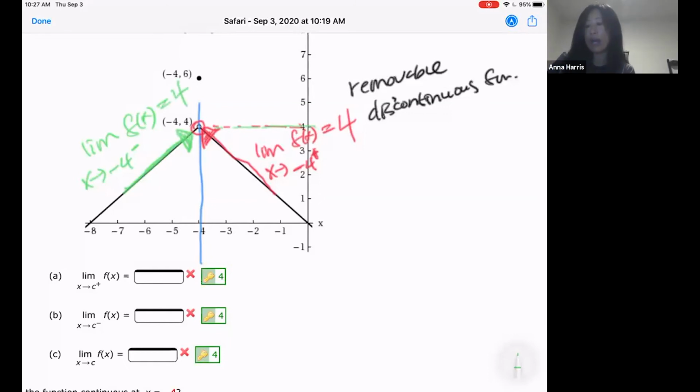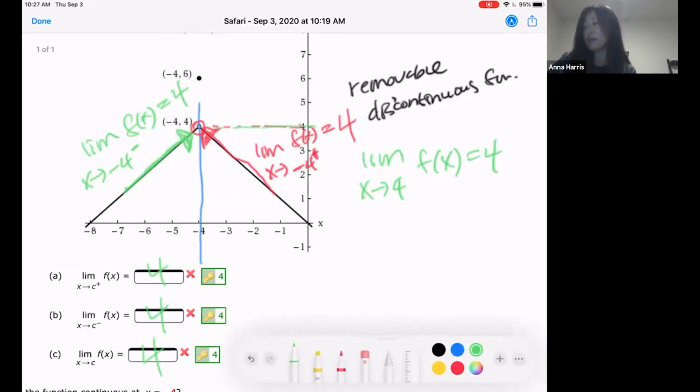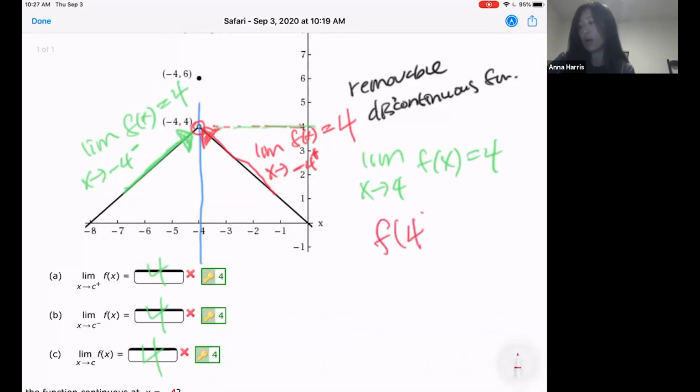So I have a right-hand side of 4 and a left-hand side of 4, so I have a limit, which is equal to 4. The limit as x approaches -4 of this function is 4. Now, class, what is my value at x equals -4?